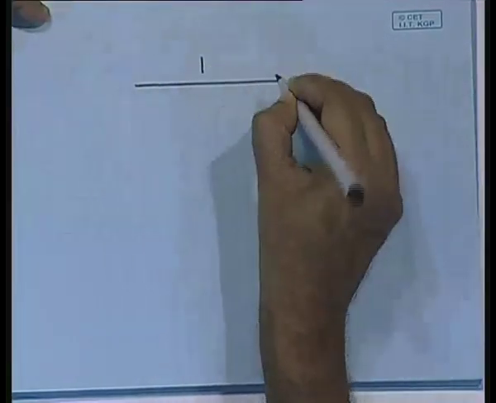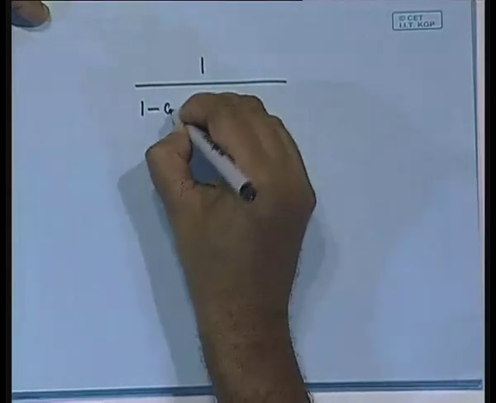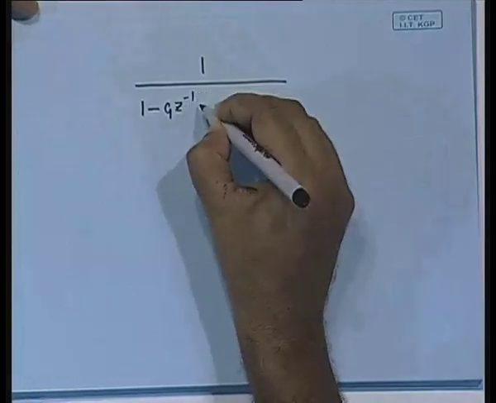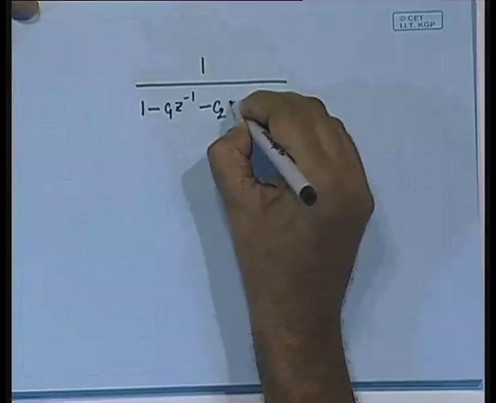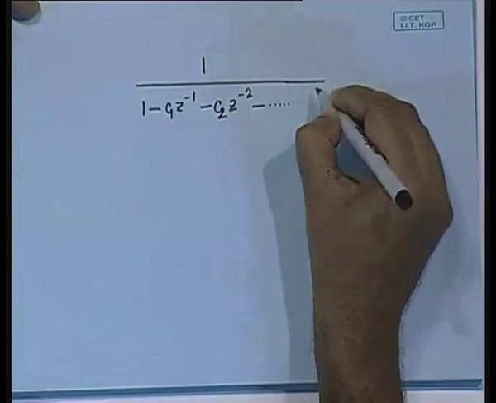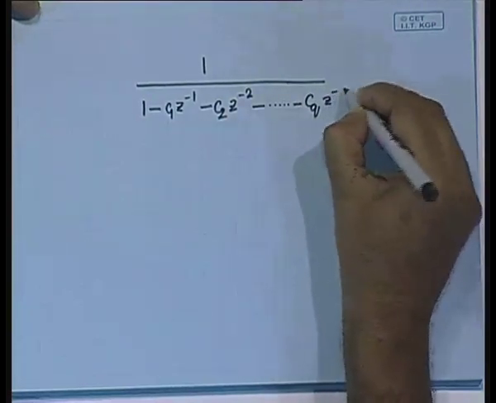So if we take the product of all these terms, and since there are an odd number of poles, after the multiplication we are going to get a transfer function of this form: 1 minus a coefficient, we call it C1 z to the power minus 1, minus C2 z to the power minus 2, minus, and then it goes on, minus Cq z to the power minus q.